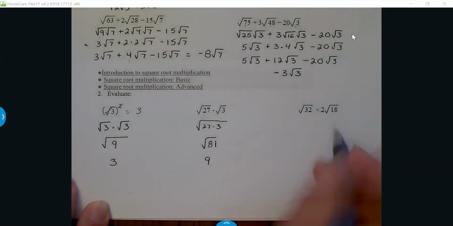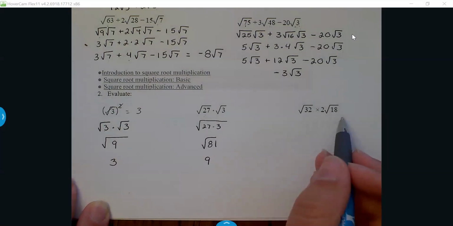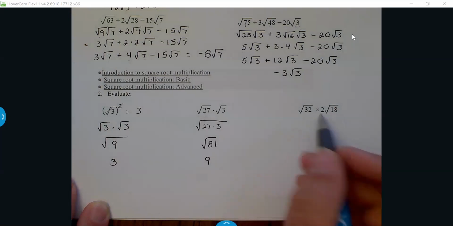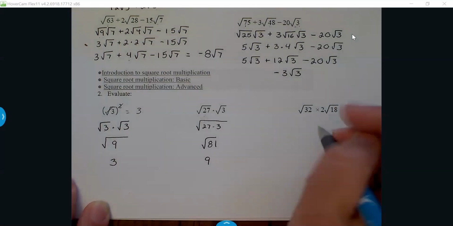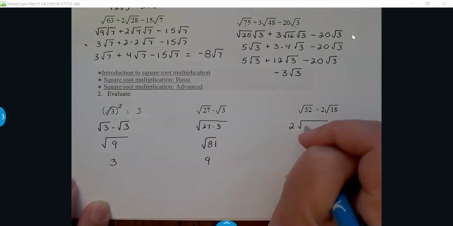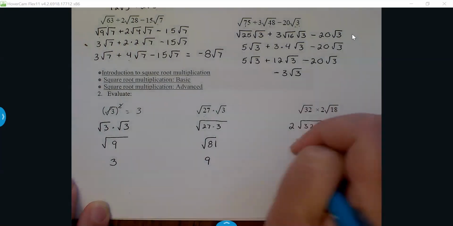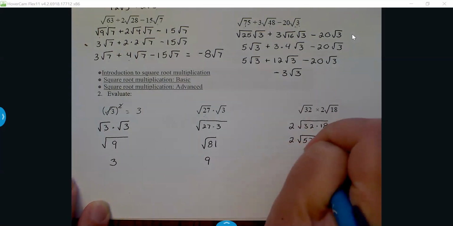So here I have the square root of 32 times 2 times the square root of 18. That 2, deal with that after the fact. So this becomes 2 times the square root of 32 times 18. Okay, 32 times 18 is 576. So this becomes 2 times the square root of 576.